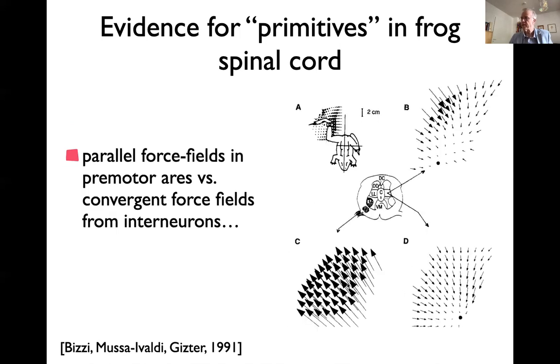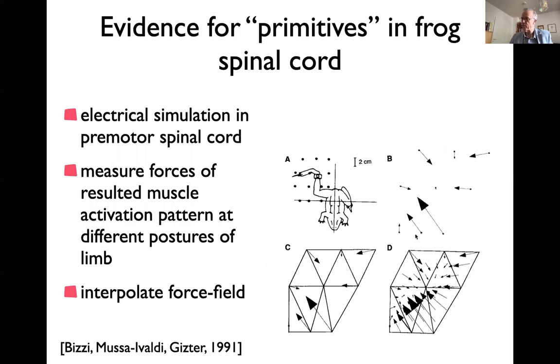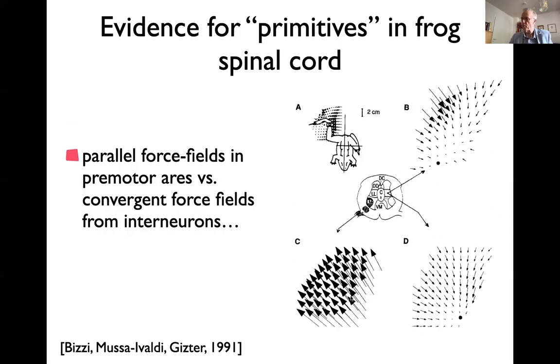One of the findings of this literature is that you find only certain kinds of vector fields, convergent ones, parallel ones. This would be another convergent one. They try to map that onto where in the spinal cord you're stimulating. Frankly, this looks so nice, but they are constructed from these very crude measurements and then interpolated, so it looks so nice. It's really just because of the interpolation.